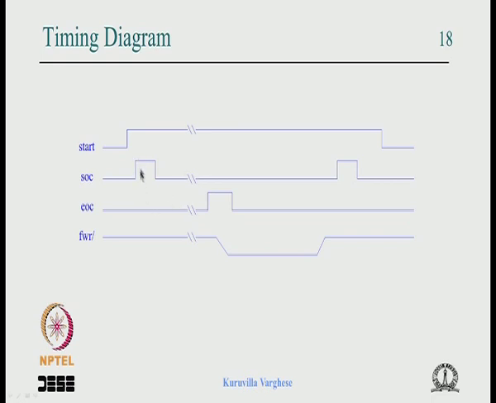So for one clock period duration, while the state machine is in that state, SOC will be 1 and you get a narrow pulse. It depends on the clock frequency we use for the controller, but this pulse can be of 1 clock period duration.